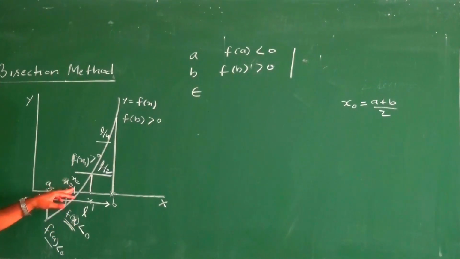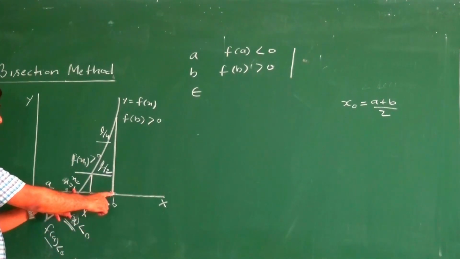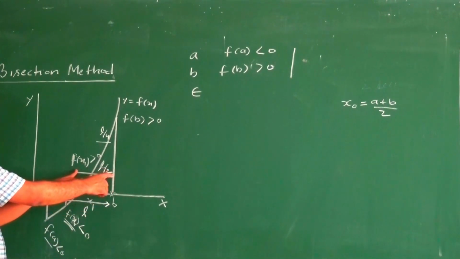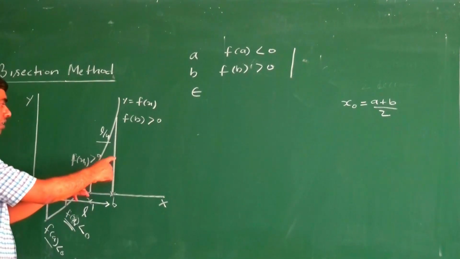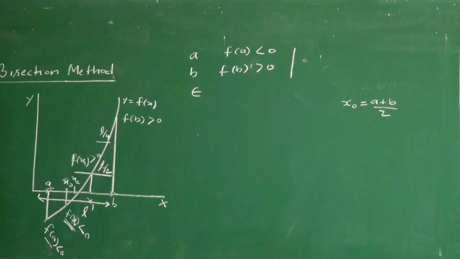So, in the second iteration, the length of the interval where the root exists is L by 2. In the next iteration, the length becomes L by 4.